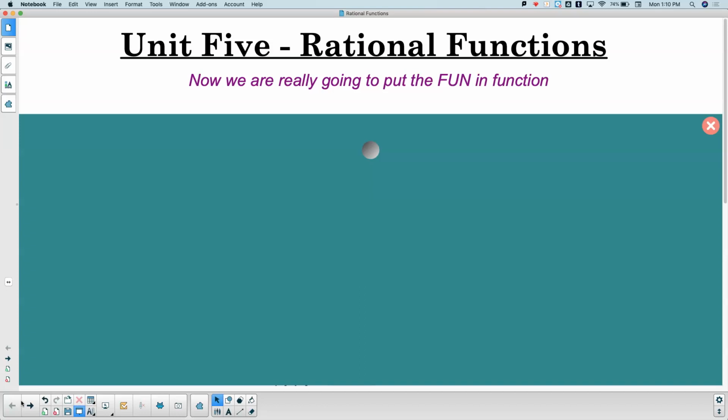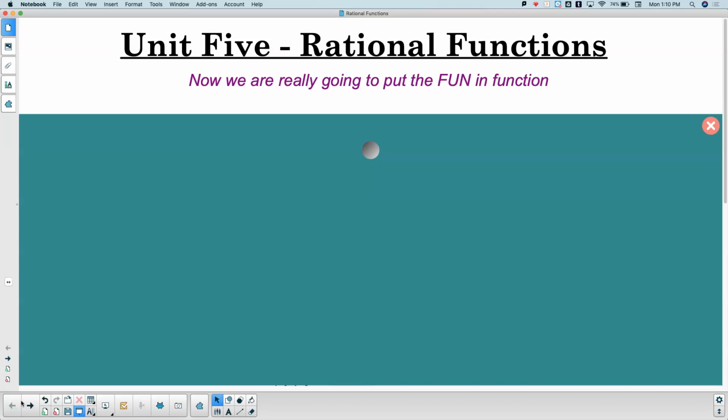So if you want to write your steps for graphing a rational function on that separate sheet of paper, that's awesome. But those are going to be 2 separate things.